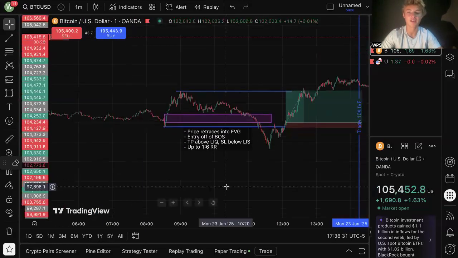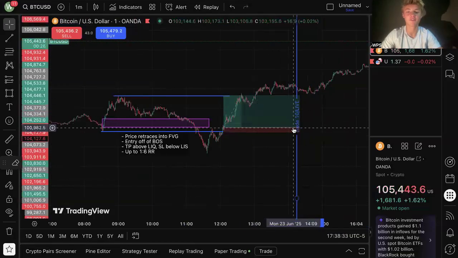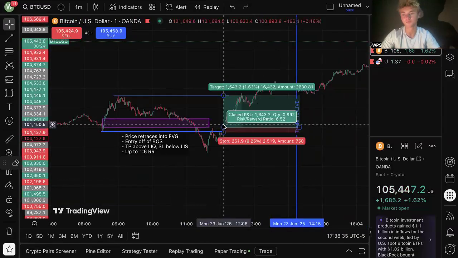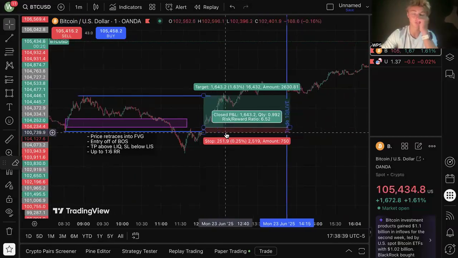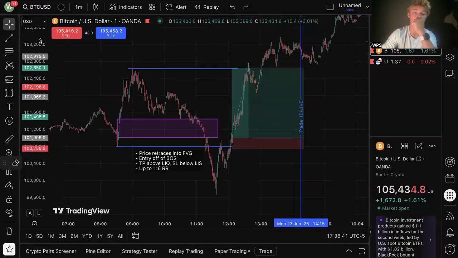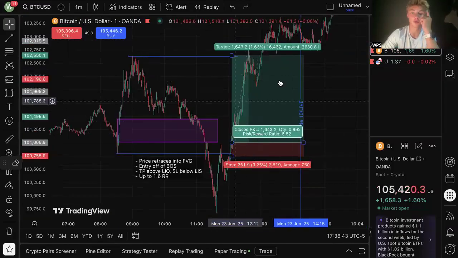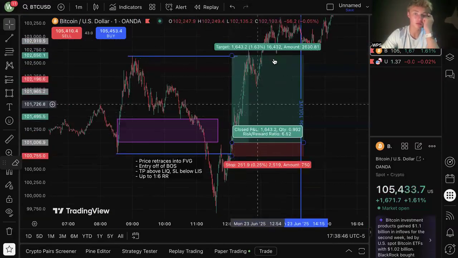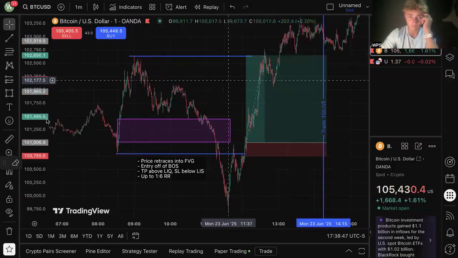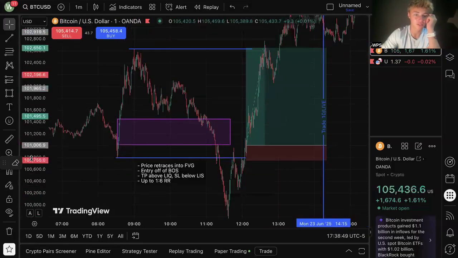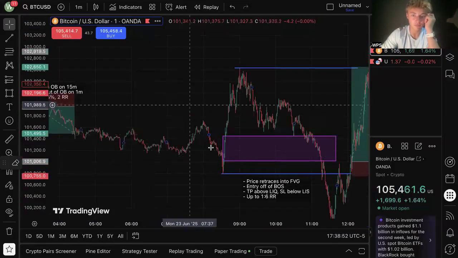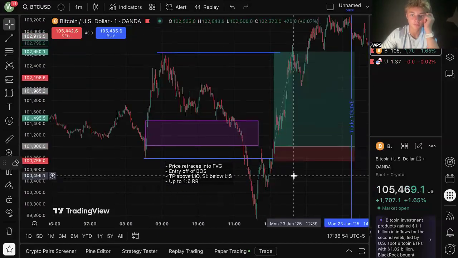Here, this is a live trade, or a trade that I never took, but one that I wrote down. I kind of projected where price was going to go, and I just put this marker right here. Price retraces into this, makes a swing low.